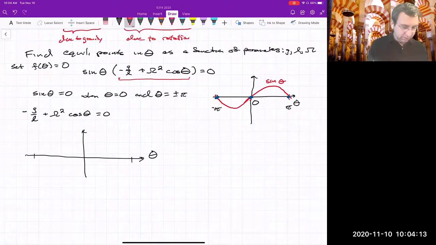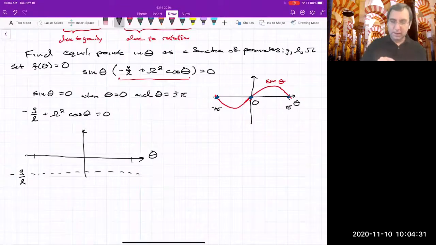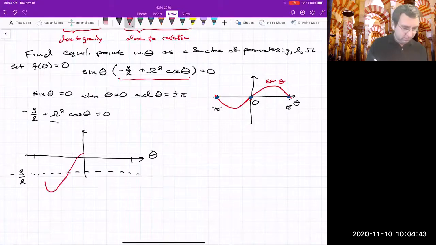Plotting this curve, I'll put a dashed line down here. And this dashed line is at negative g over L. And then we have cosine theta times an amplitude omega squared. So it looks something like that, where this amplitude is omega squared.